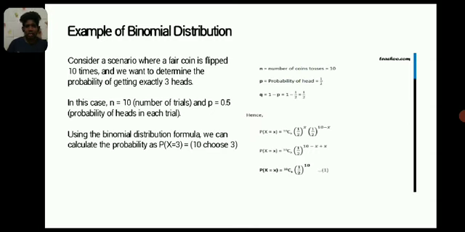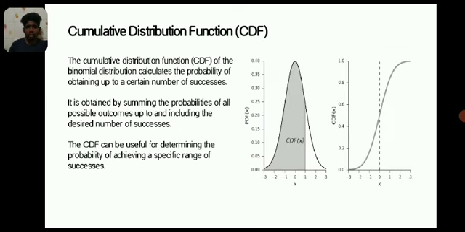As you know, heads and tails are both one of two outcomes in one coin, so the probability would be 0.5. We take it in decimals. Using the binomial distribution formula, we can calculate the probability as P of X equal to 3 is equal to 10 choose 3. The answer is given beside, you can refer to that.